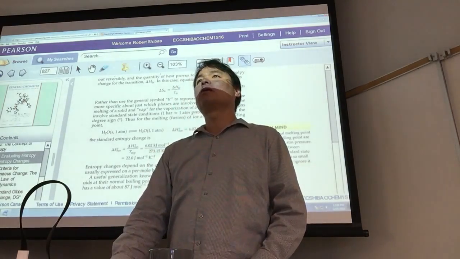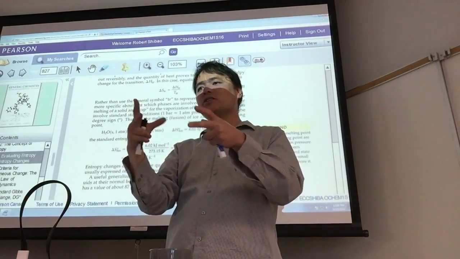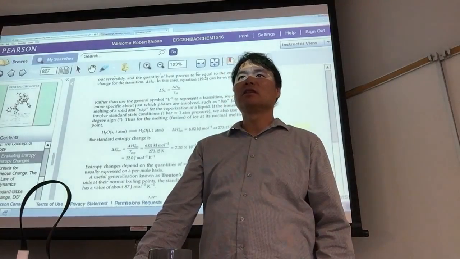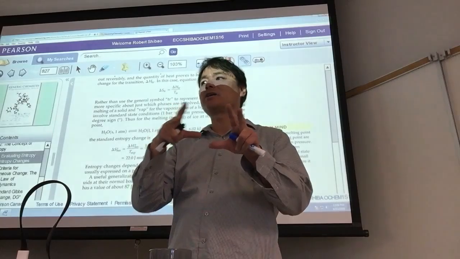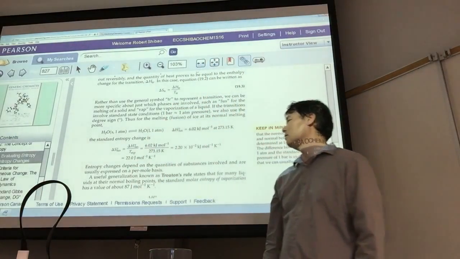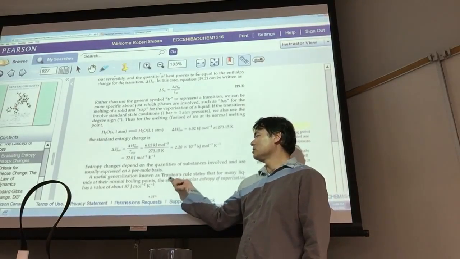Water has a much larger delta S because liquid water is much more ordered than other liquids. Liquid water is much more ordered because of the strong hydrogen bonding interactions, which constrain the water molecules and fix them in certain positions. And so there are a lot of exceptions for Trouton's rule.